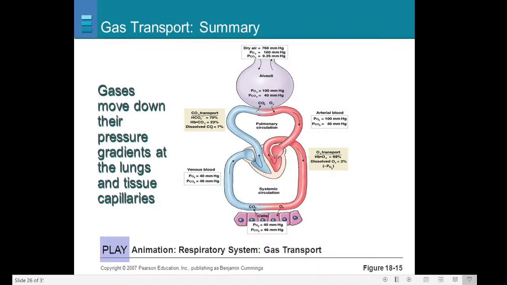At the last level, in CO2 transport, 70% of CO2 is released. Here you can see this is the release process, released from the alveolar.